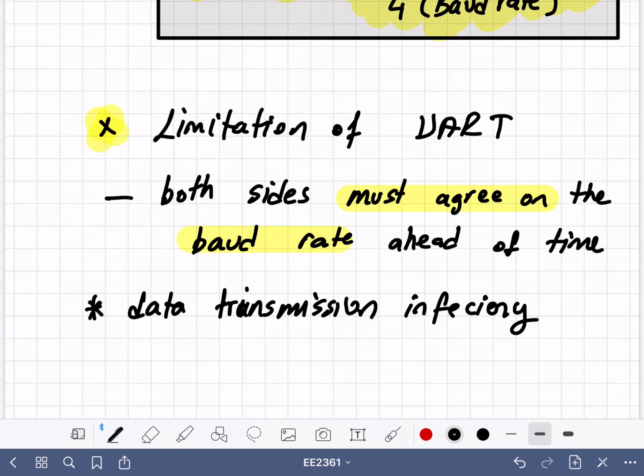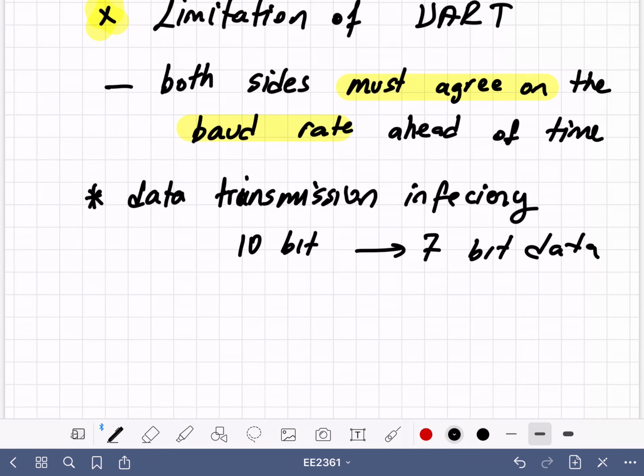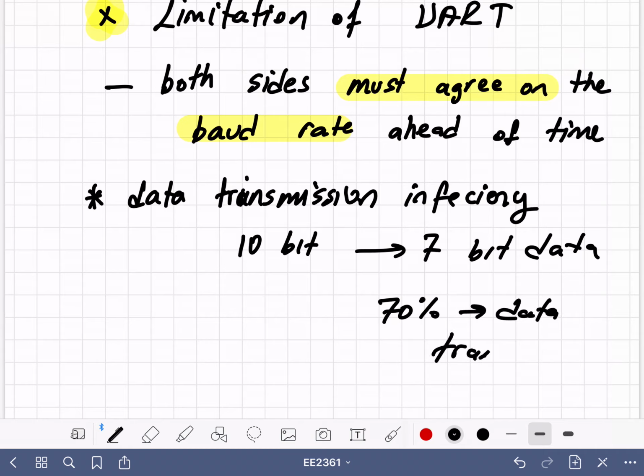So you need 10 bits to transmit 7 bits. So out of 10 bits, 7 bits are data. So it's 70% efficiency, 70% data transmission.